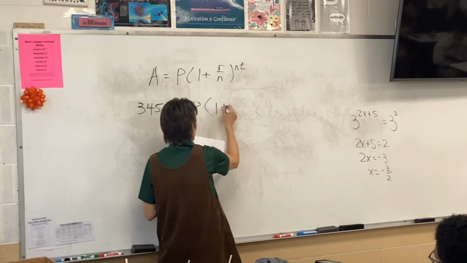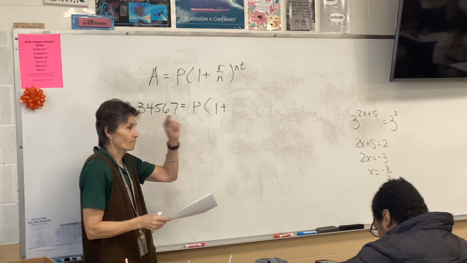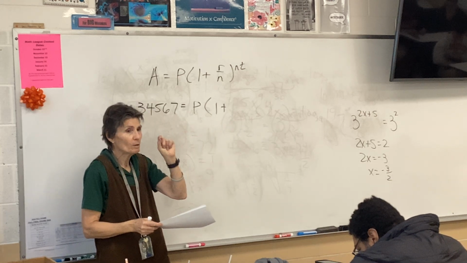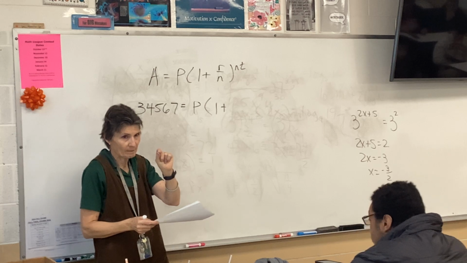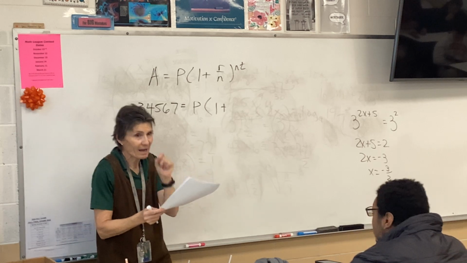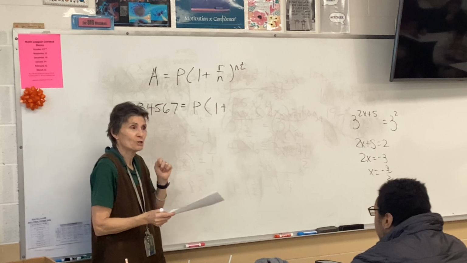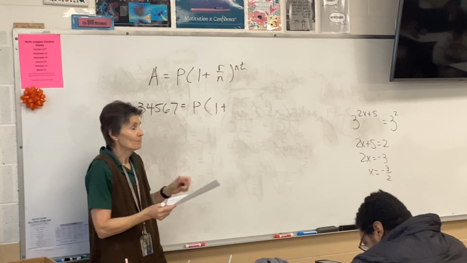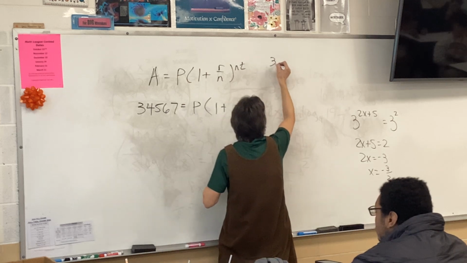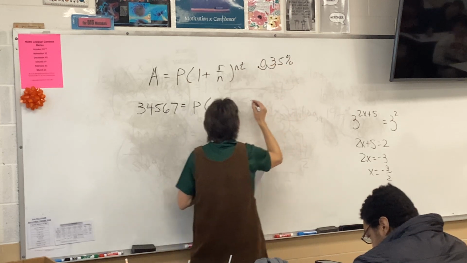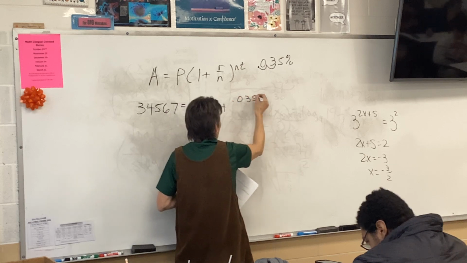So 1 plus... Now here is the first place that I'm seeing a lot of mistakes. What do I put in for the interest rate? 0.035. Exactly. It says 3.5, but you don't put 3.5. For 3.5%, you have to move the decimal 2 places, so it is 0.035.